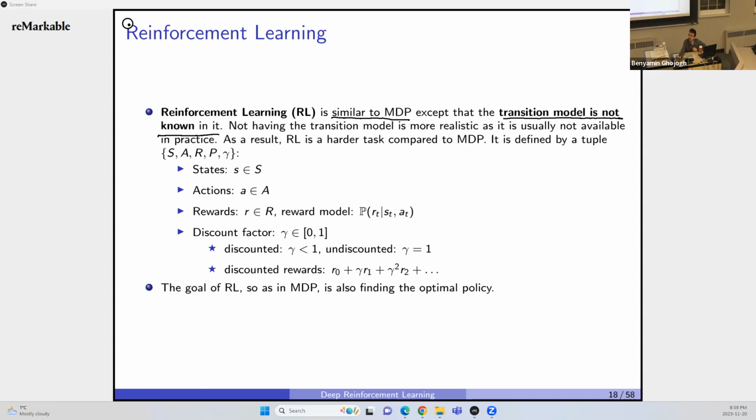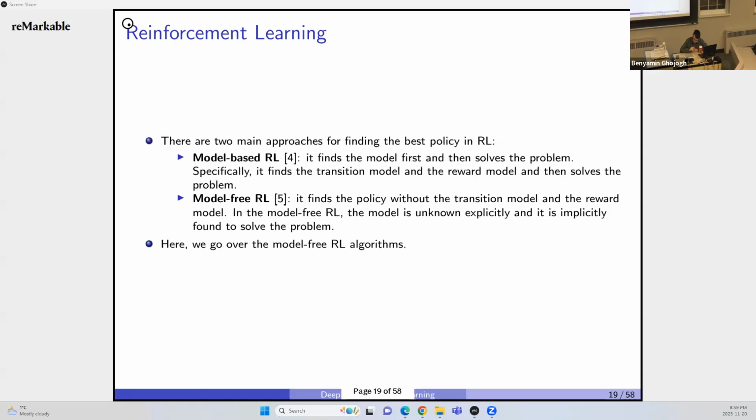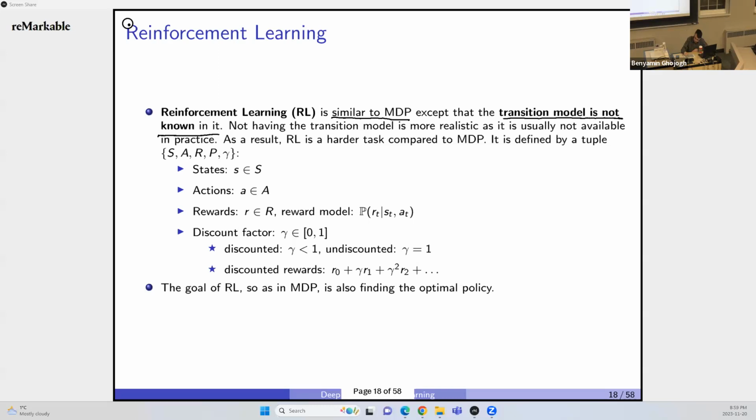In real world applications, we usually don't know that. So RL is more realistic as a result. But the goal of RL is the same as the goal of MDP: finding the best policy for having the best reward or value. As you see, it's like MDP, only the line for the transition model doesn't exist.